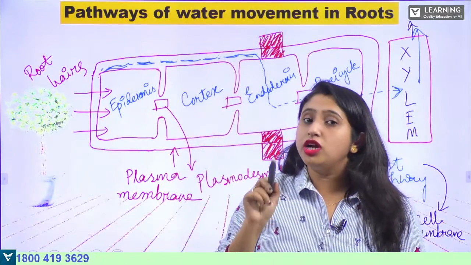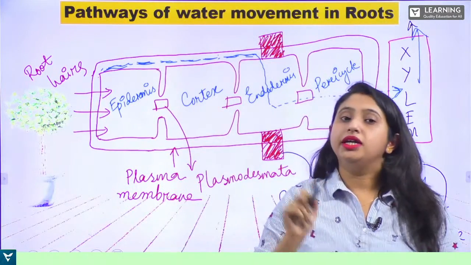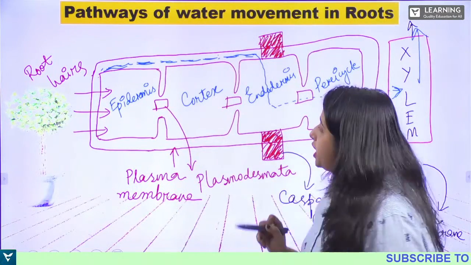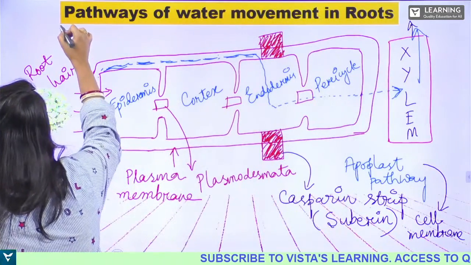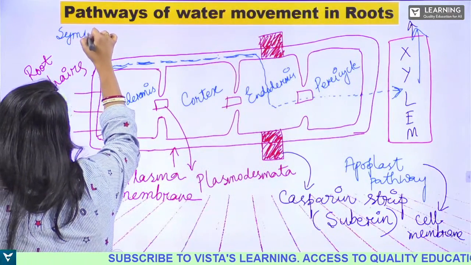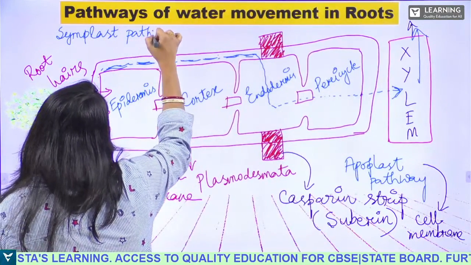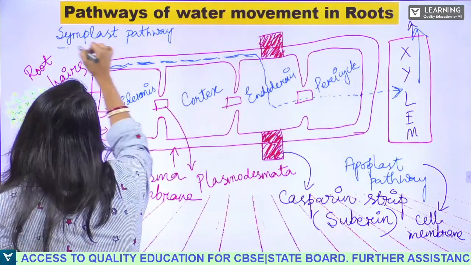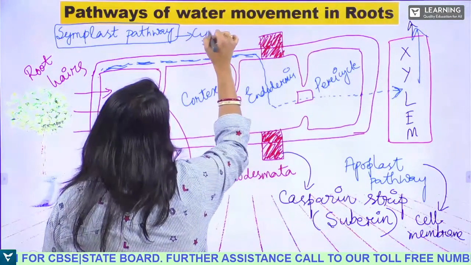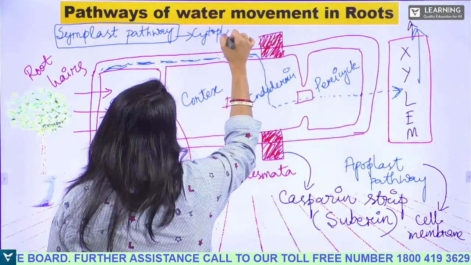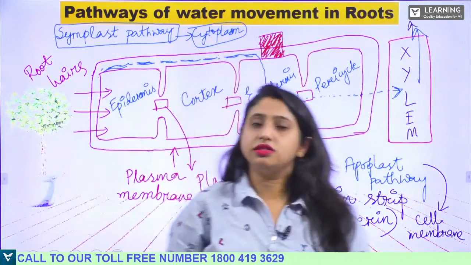In the Apoplast pathway, the water molecules move through the cell membrane. But in the Symplast pathway, the water molecules move through the cytoplasm. Which one is the cytoplasm?